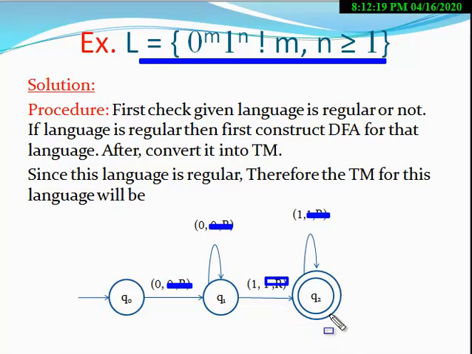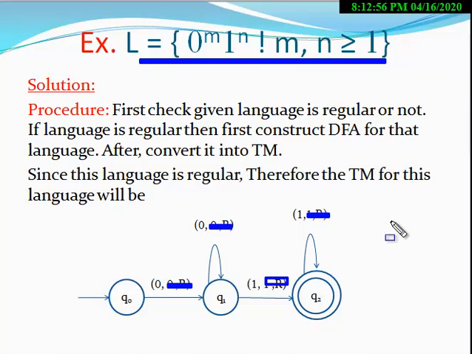Clearly Q2 is a final state, therefore it accepts all those strings belonging to this set, right? The first string belonging to this set is 01, which is clearly accepted. Similarly, the string of 0s may be anything and the string of 1s may be anything, so all the strings accepted by this DFA belong to this language. Okay, so this is the DFA corresponding to this language.